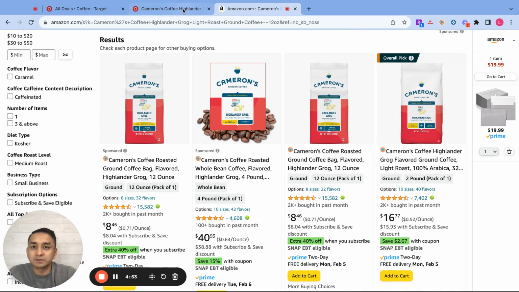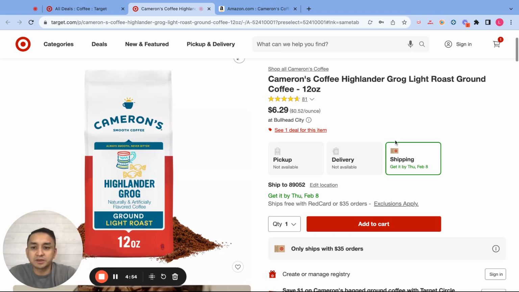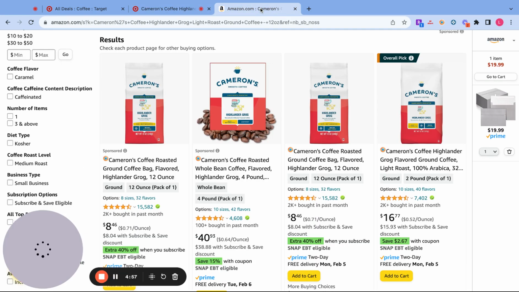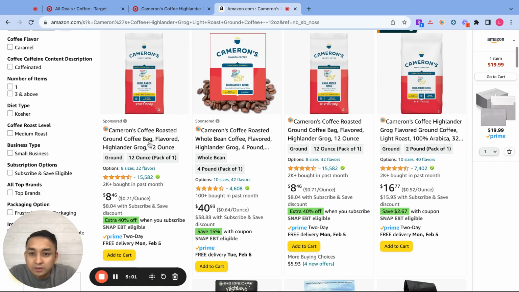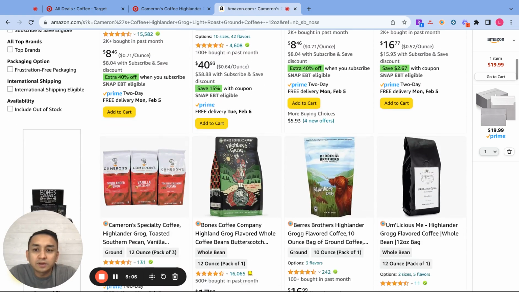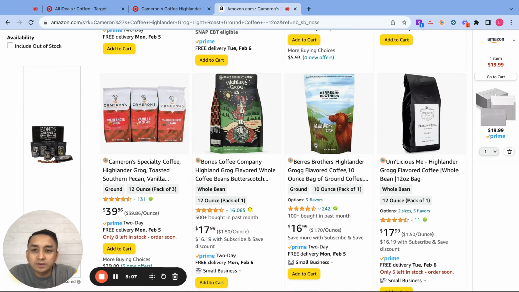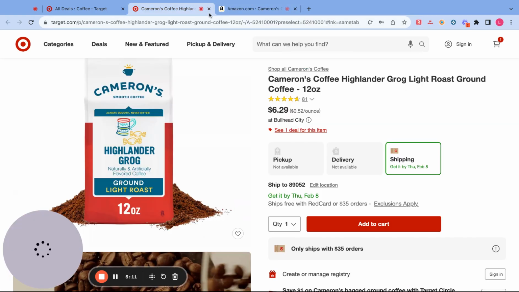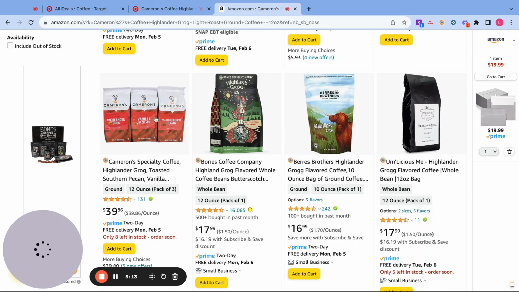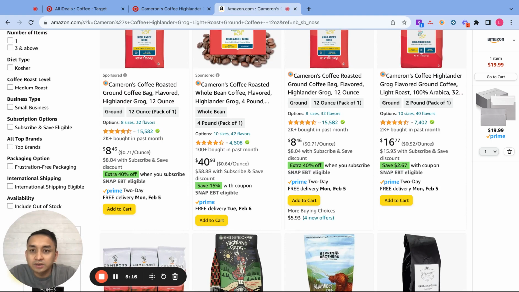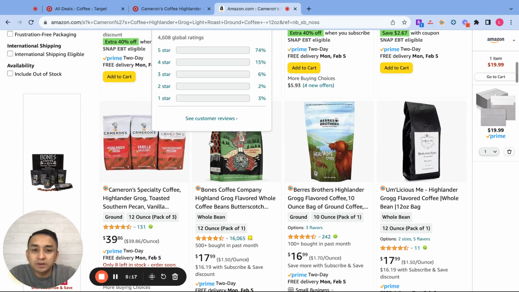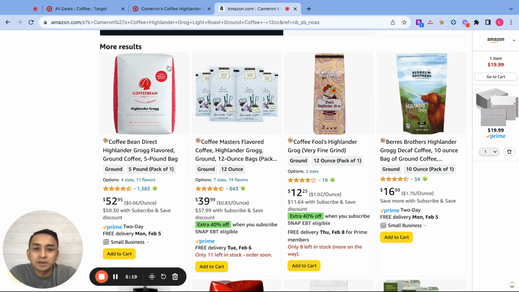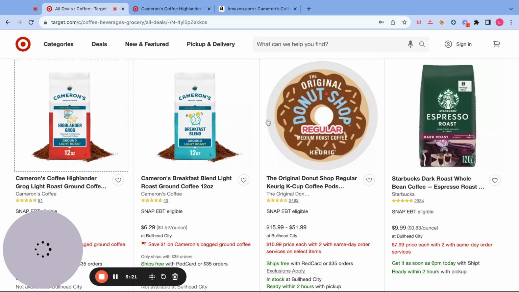So 12-ounce pack of one, ground light roast. Okay, I'm not seeing it. Ground light roast. Yeah, I'm not seeing any of it.